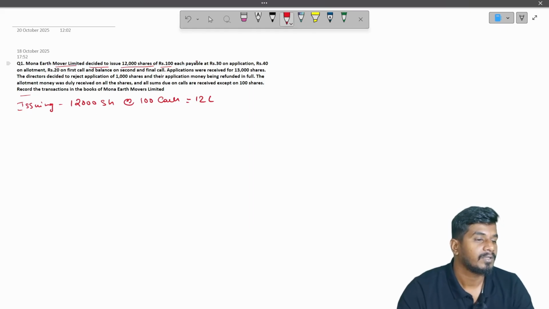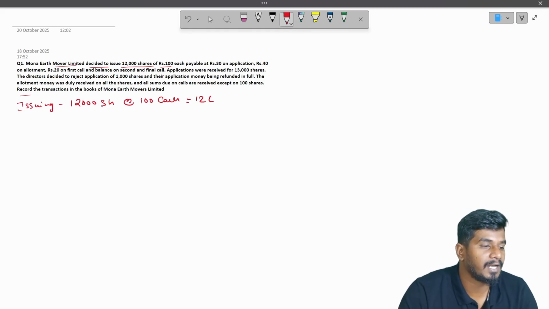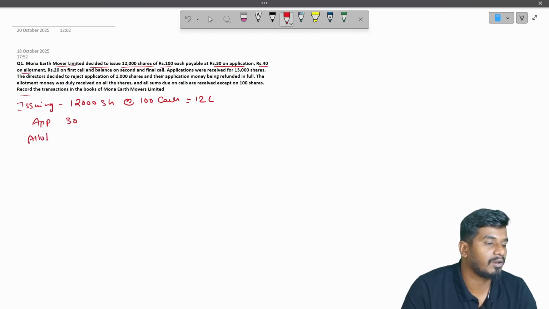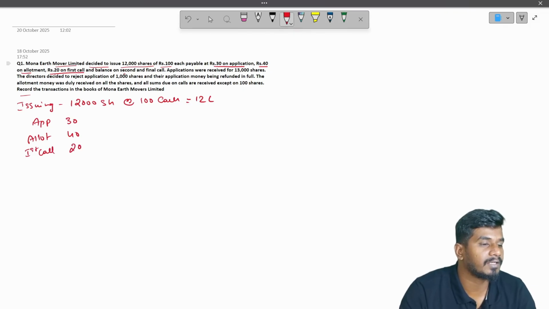Next, each is payable as follows: on application we need to pay 30 rupees, 40 on allotment, and rupees 20 on first call, and the balance on second and final call.